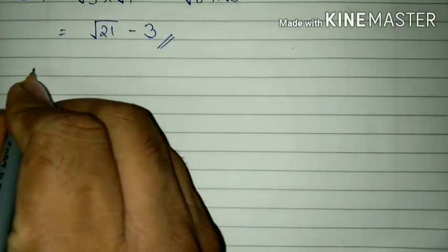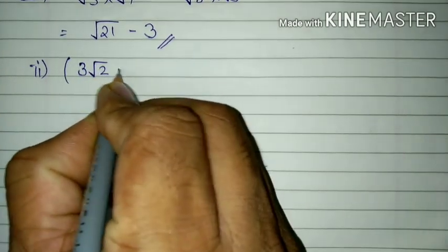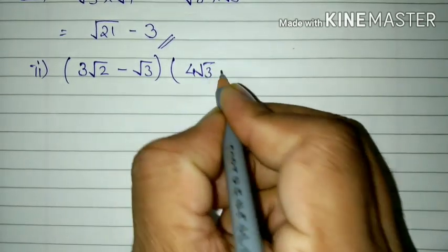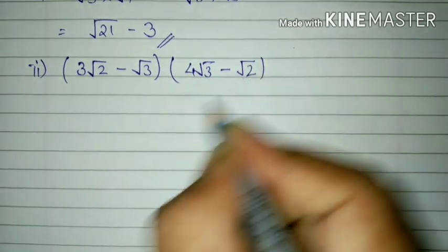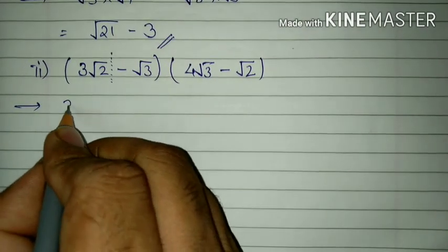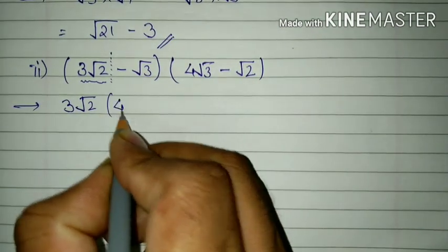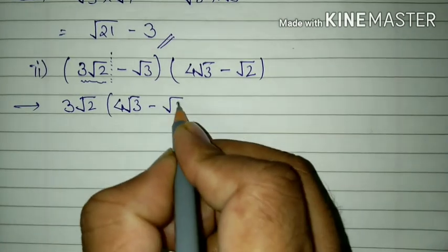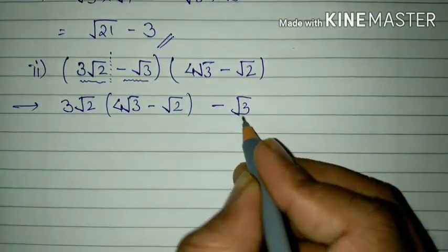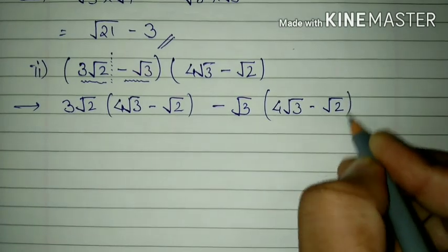Let us see one more example. I am taking 3 root 2 minus root 3 and 4 root 3 minus root 2. Let us break one bracket. So we can write 3 root 2 into the next bracket 4 root 3 minus root 2, minus root 3 into 4 root 3 minus root 2.